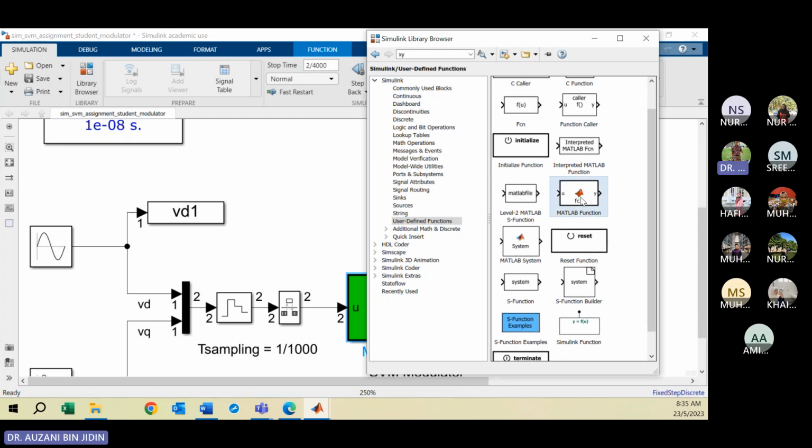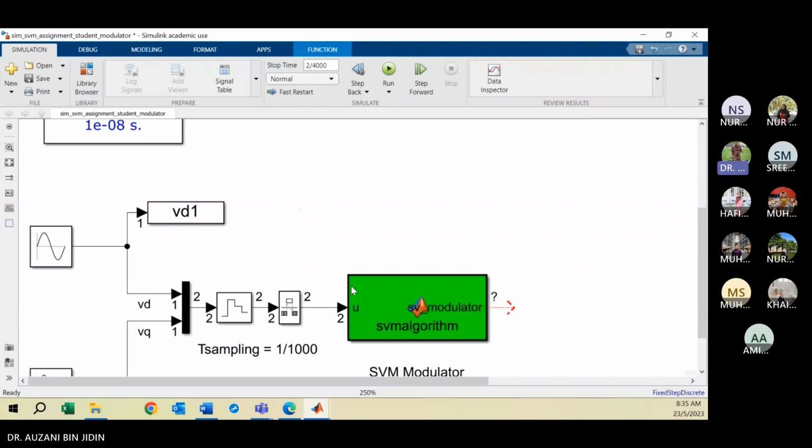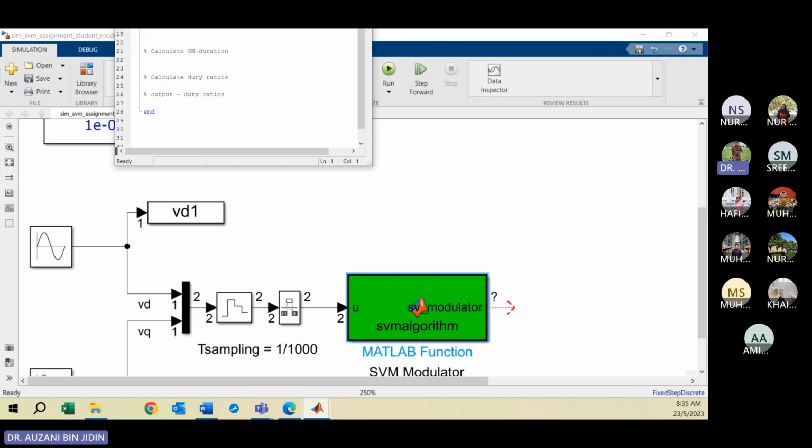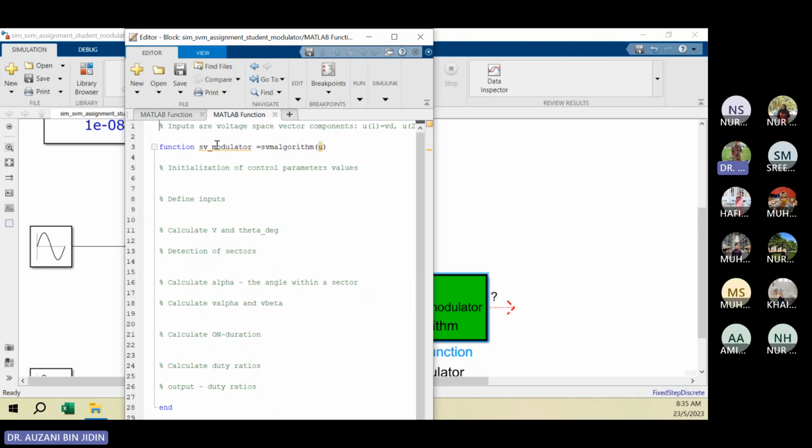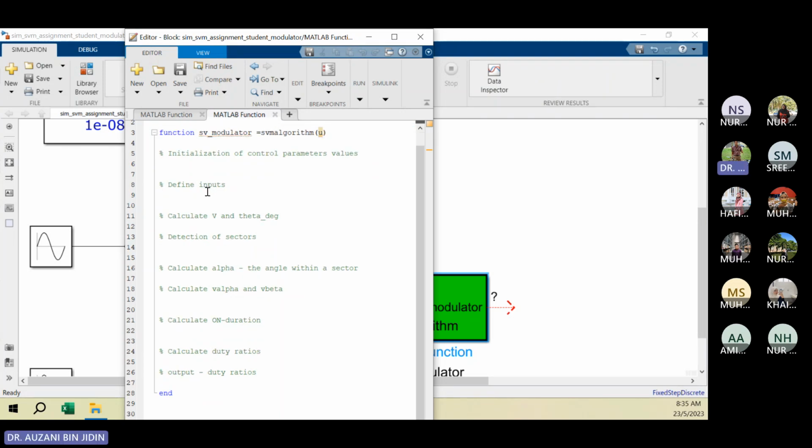You can take the block out from here, then double click the block to open it. You can set the name of the function block as SV_modulator.